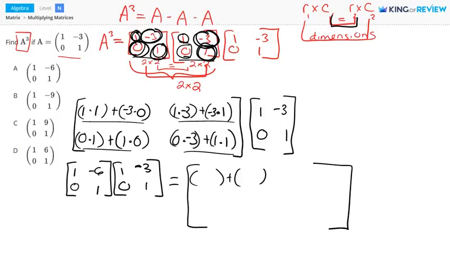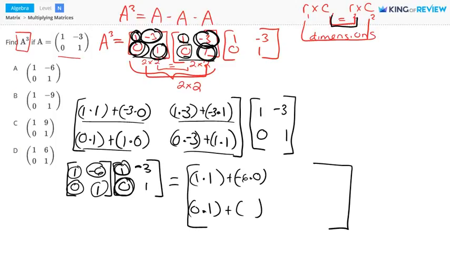So let's calculate this. We have 1 times 1 plus negative 6 times 0. This is our first entry. And now let's work on the second entry here. We have 0 times 1 plus 1 times 0.